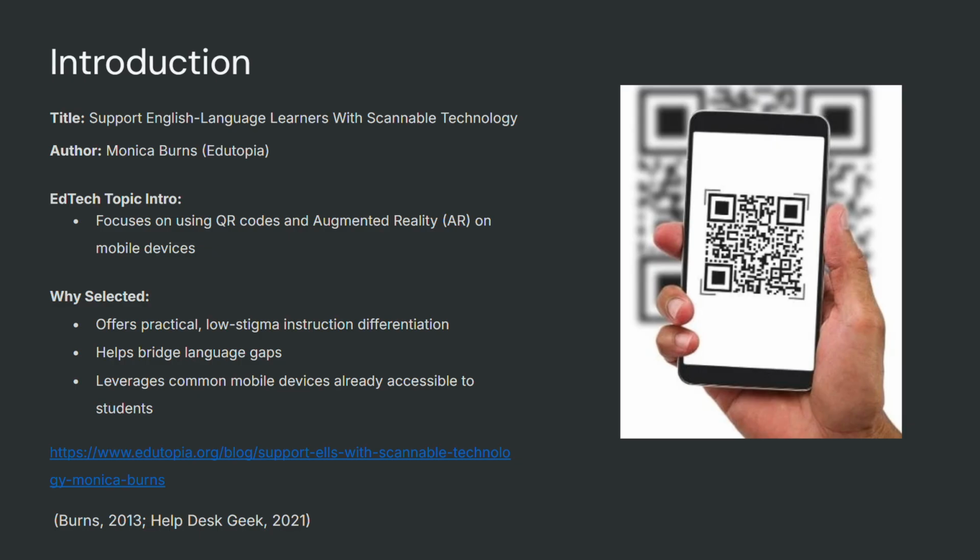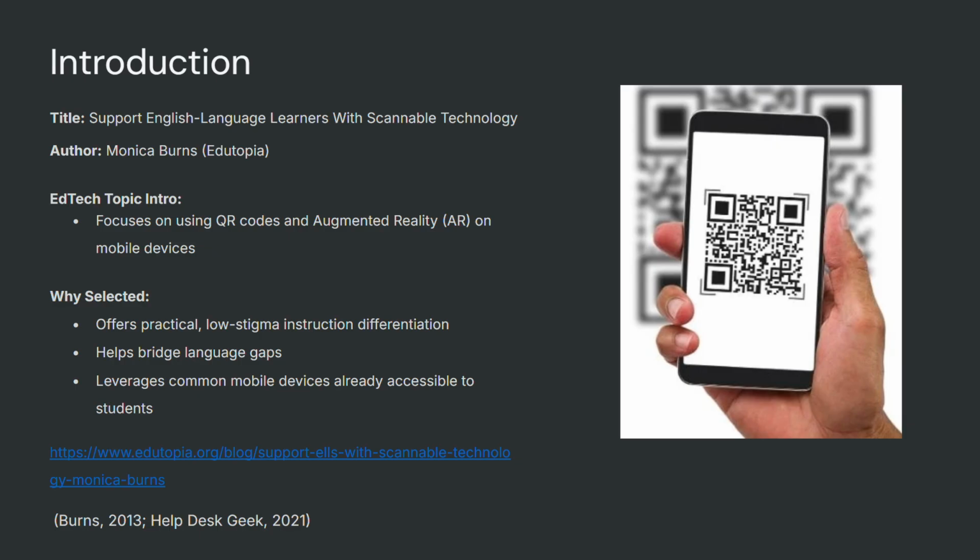I specifically chose this topic because I think we often overcomplicate technology, and this is a very simple way to use tech in our day-to-day educational lives. What I love most about this approach is that it offers a very practical way to differentiate instruction for every student without making individual students feel singled out.